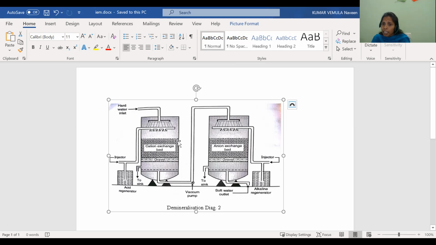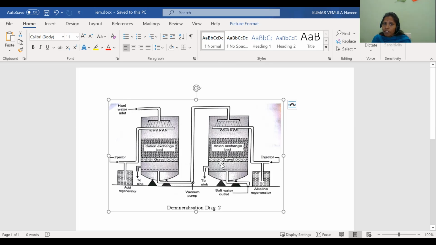It can replace only 100 H plus ions with calcium plus 2 and magnesium plus 2. After completion of replacing 100 H plus ions, when we pass the hard water sample, is there any H plus ion for replacing calcium plus 2 and magnesium plus 2? No. So at one point, the cation exchange resin is exhausted. That means it can't be used for replacing.